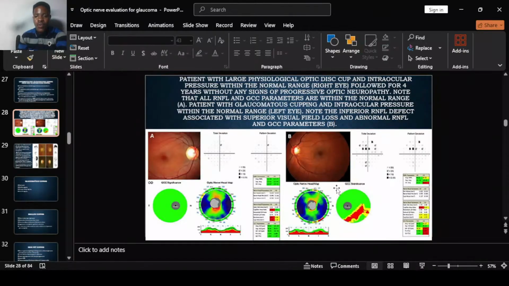You understand? Because it is inferior here, in your CVF you will find these dark spots superiorly. So it always corresponds: inferior on your ophthalmoscope or OCT, you see it superiorly in your CVF, and superior you will see inferiorly. So this is just that for this patient.